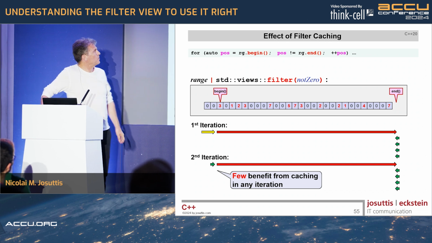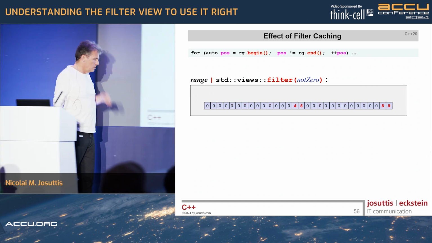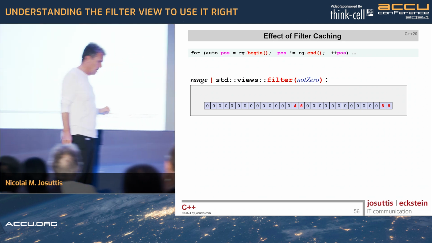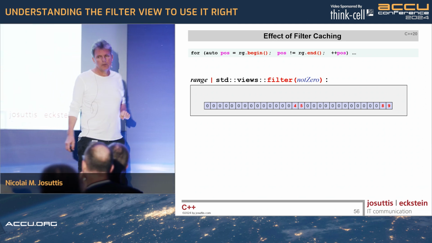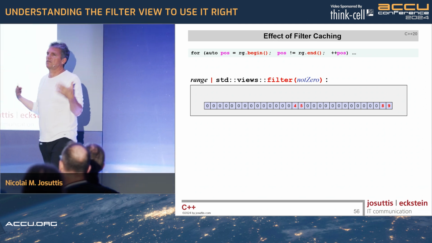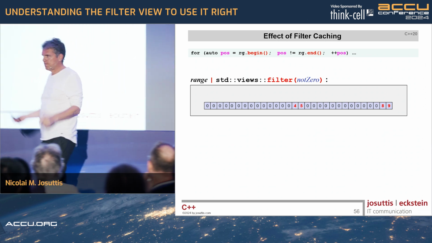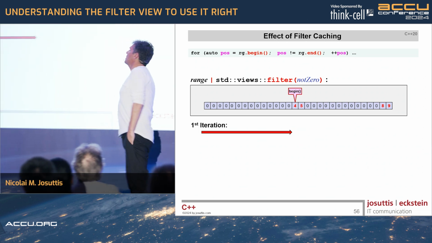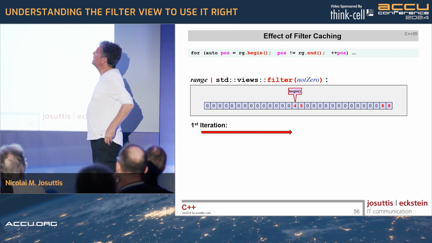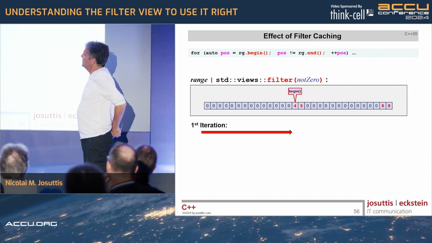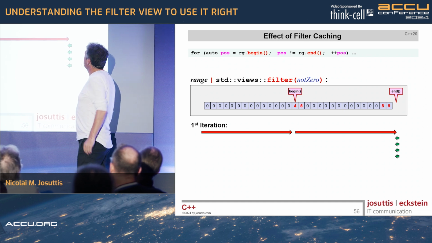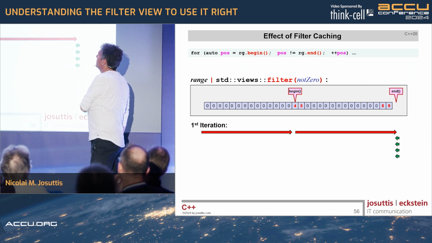So let's come up with another use case. Let's assume we have only 1 or 2 elements in the middle of the range that fit our predicate, so there's a significant distance from the beginning. The first time we call begin, we have to look at each and every element, and then we iterate over the rest.